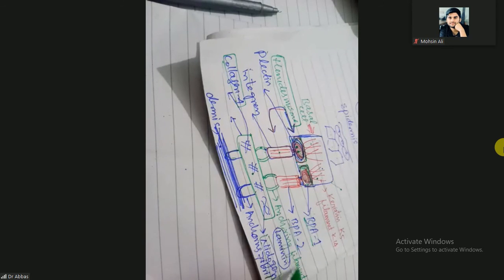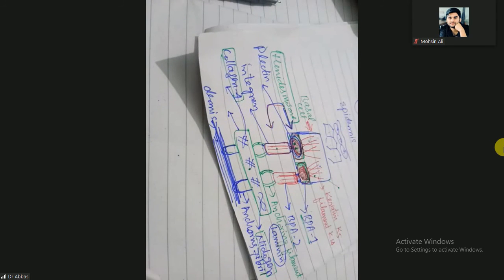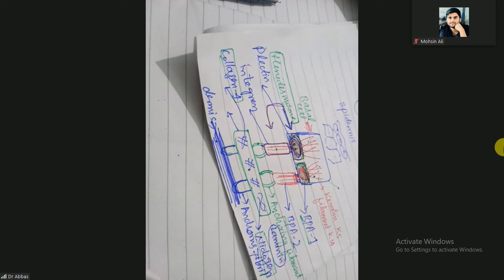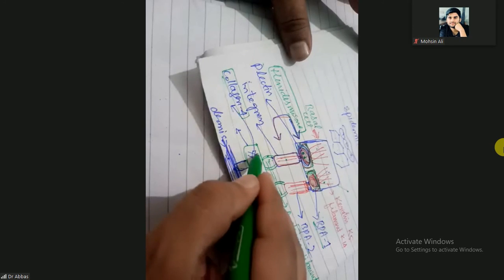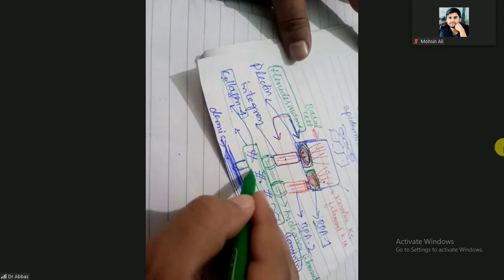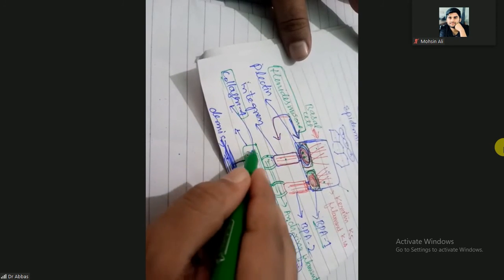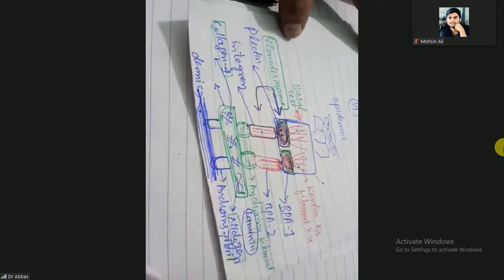This anchoring filament area is also known as lucida, and lower is known as substantia densa. This is the lucid area, a very clear area. We call it lucida, and this one is the dense area. We call it densa.